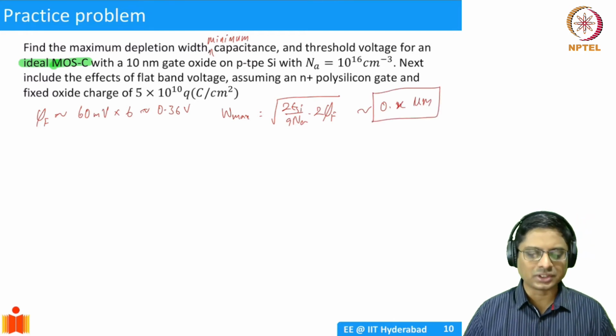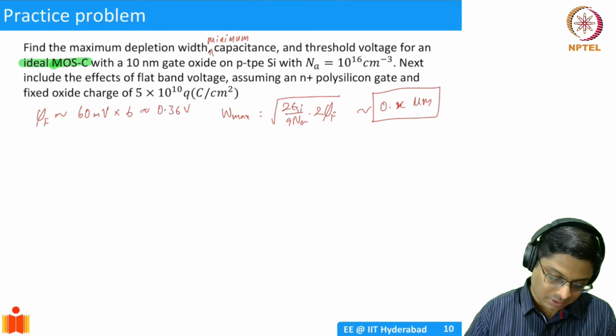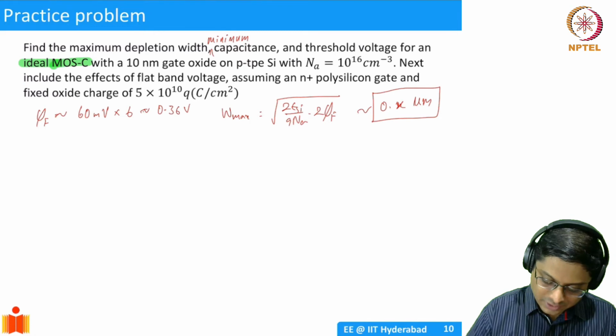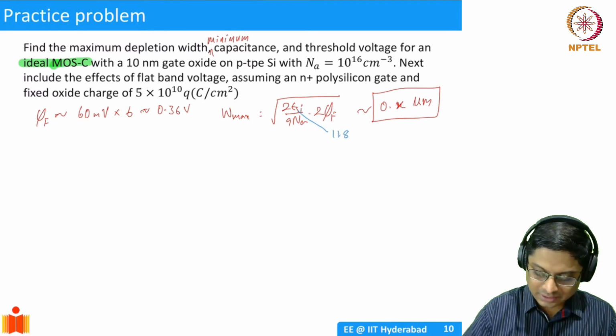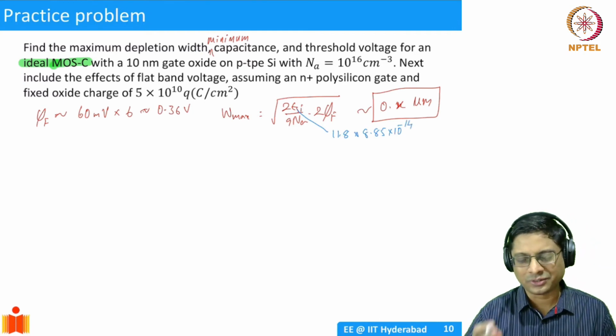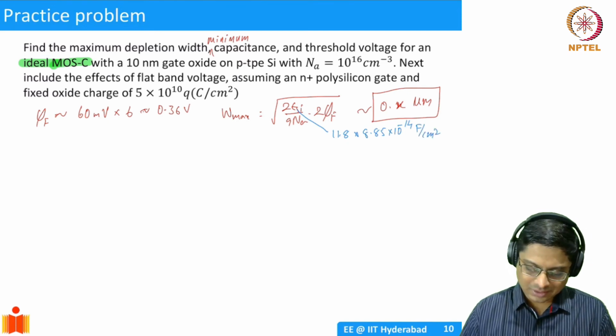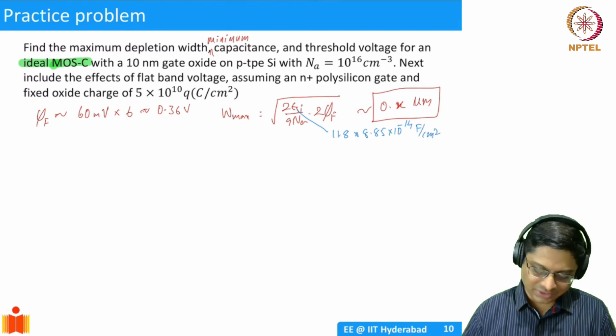Please calculate yourself. But when you're calculating, you should never forget this: epsilon silicon is 11.8 into 8.85 into 10 power minus 14. Don't forget it, it's farad per centimeter. So this is going to be important, and the rest of it will flow.